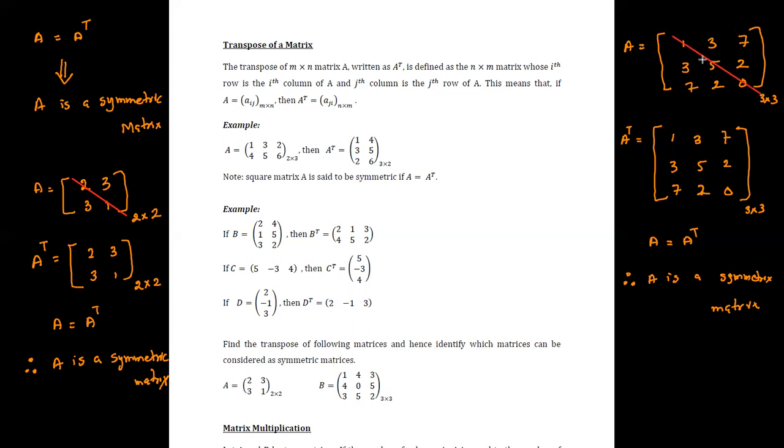If you fold this matrix along the main diagonal, you can see that these points coincide: 3 and 3 coincide, 7 and 7 coincide, 2 and 2 coincide. Therefore, this is the property of a symmetric matrix. It means that if you fold the matrix along the main diagonal, the elements above the main diagonal coincide with the elements below the main diagonal. It is a special property of a symmetric matrix.